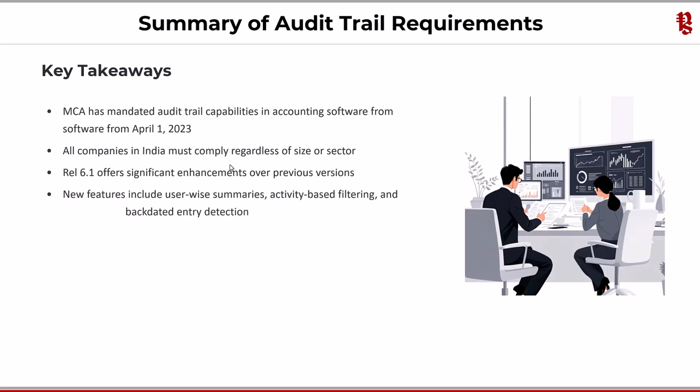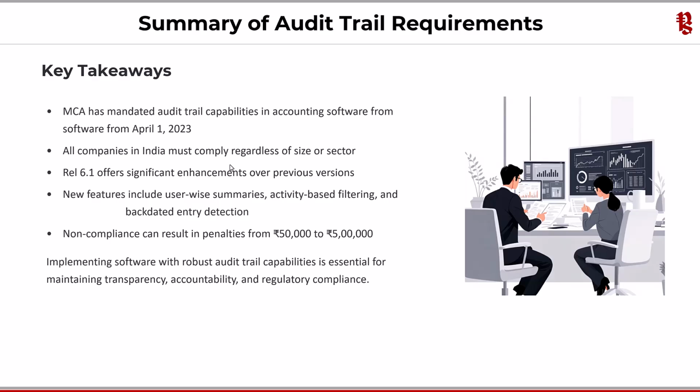New features include user-wise summaries, activity-based filtering, and filtering of backdated entry detection. Non-compliance can result in penalties from 50,000 to 5 lakhs. Implementing software with robust audit trail capabilities is essential for maintaining transparency, accountability, and regulatory compliance.